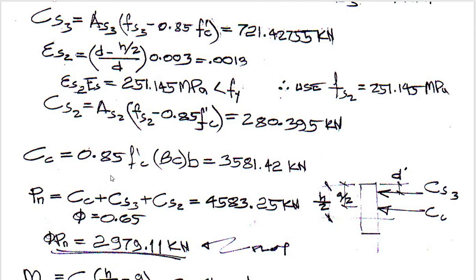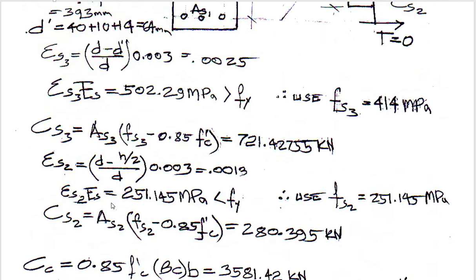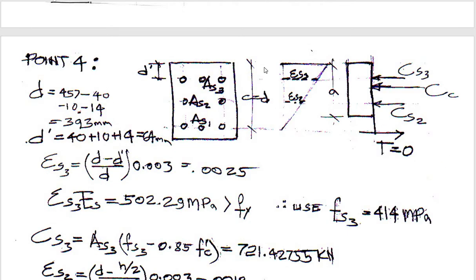Next, you add all forces. Bakit add lahat yan? Remember na Cs3 is compression. Compression concrete is also compression. Compression steel 2 is also compression. And yung tension bars mo or As1 is 0 dahil 0 ang kanyang strain dito.